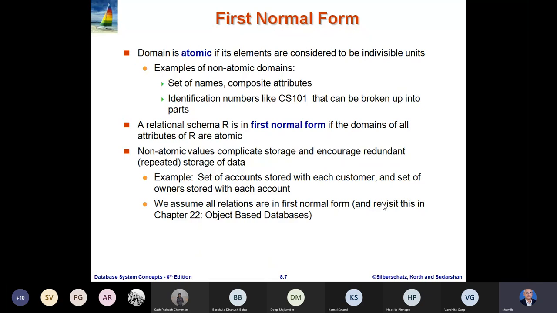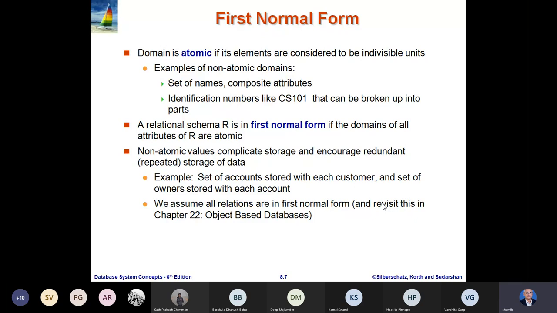Now, with respect to this concept of decomposition and functional dependencies, there are a few characteristics of relational schema and their decomposition that have been defined. These are what are called various normal forms, and the first of that is called the first normal form.